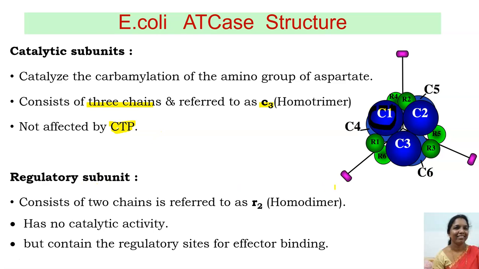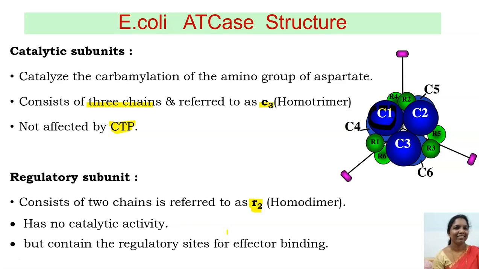Coming to the regulatory subunits, these green ones are regulatory subunits. They are also 6 in number. They contain 2 chains, which are referred to as homodimer. That means the regulatory subunit is a homodimer, R2, and they do not show any catalytic activity. Catalytic activity is done only by the catalytic subunits, C units, and the R units have regulatory function.